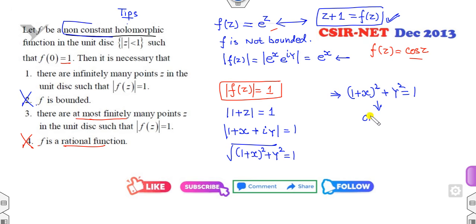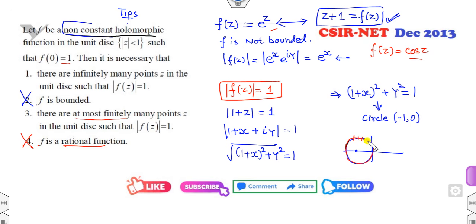That means this is a circle. Center is minus 1, 0, that is x is minus 1. Radius is 1. So this is a circle. Now since it is an equality, we consider only those points which lie on the boundary.